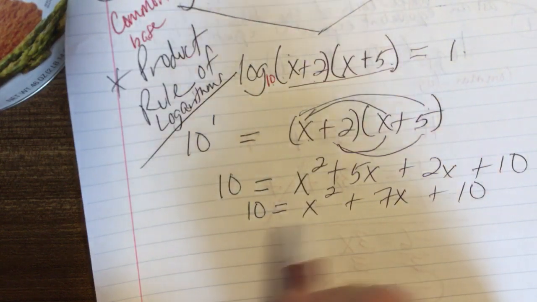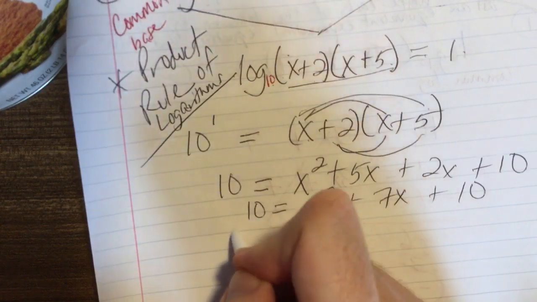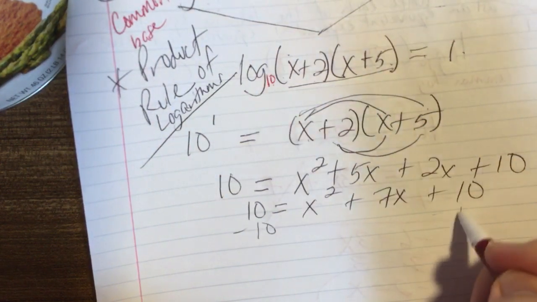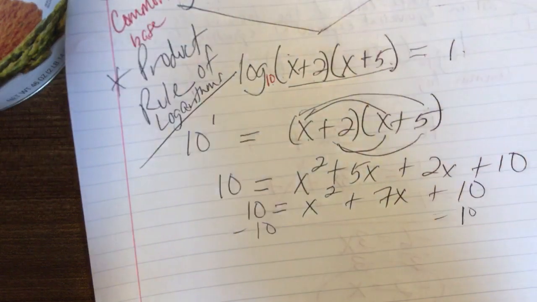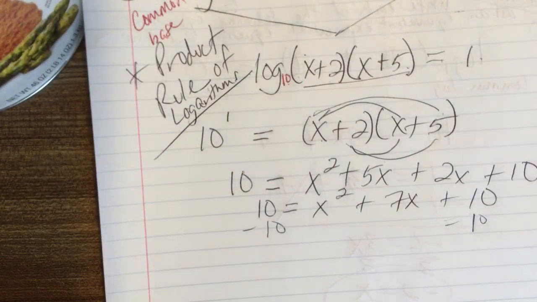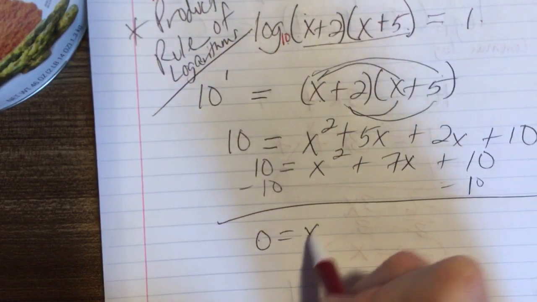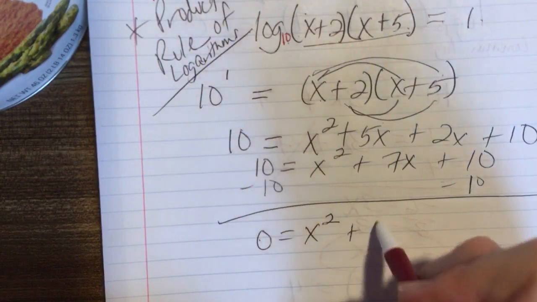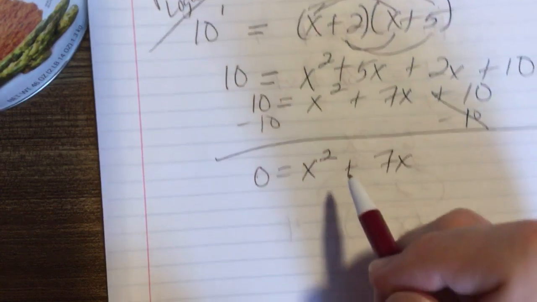When you have to solve a quadratic equation, you want to have 0 on one side. So we're going to move this 10, subtracting it from both sides. So now we do have 0 is equal to x squared plus 7x. The 10 and the negative 10 cancel out.